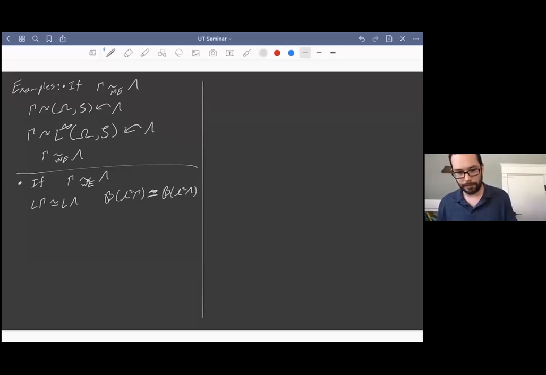We can identify them in such a way that L Gamma is identified with L Lambda under this isomorphism. So what does that mean? That means that I can just set this to be my script M and the trace to be the standard trace for B of H that I already mentioned earlier. And now we have two actions which we can act on here.